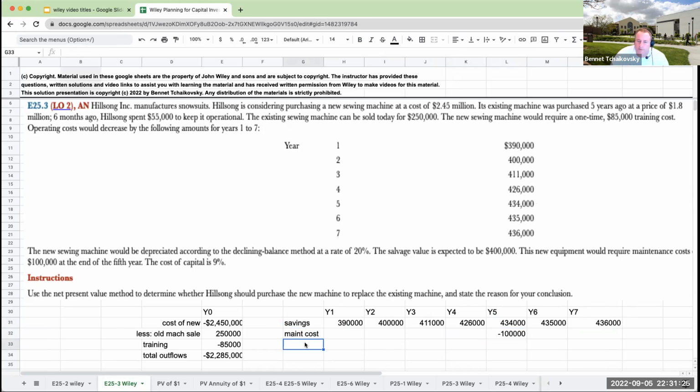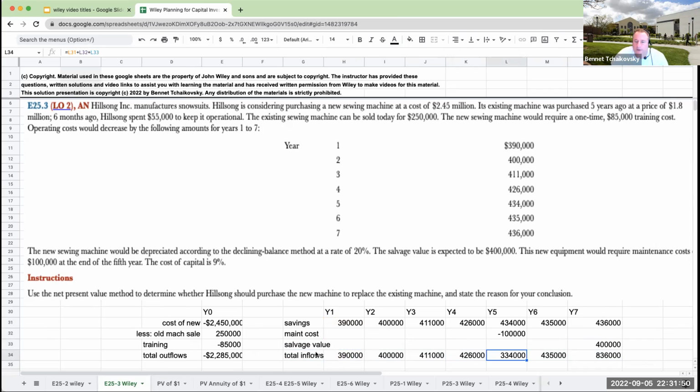Then my salvage value at the end of year 7, when I sell the equipment, is going to be 400,000. So my total future inflows from year 1 are going to be 390.